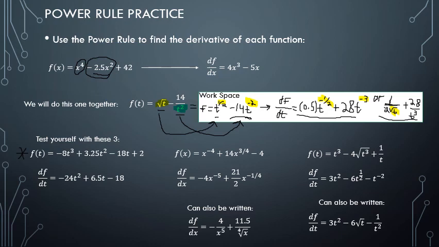But what we learned today is how to take a derivative of a polynomial. And for each part of the polynomial, you take the exponent and move it in front and multiply, and then you subtract 1 from the exponent. That's all there is to it. Now, that doesn't always work, right?